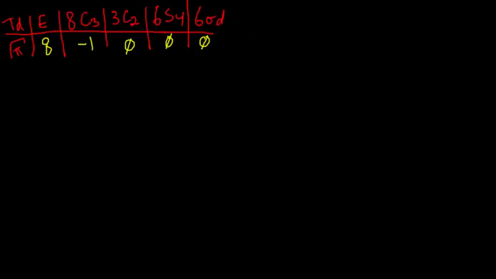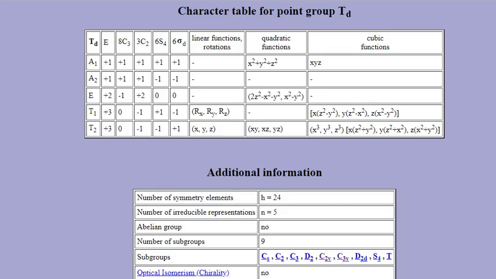Now that we have the reducible representation, in this case for pi bonding, we can come up with the irreducible representation by looking at the table here and considering each of those symmetry labels like we did in the previous case. So let's walk through the first example, A1.